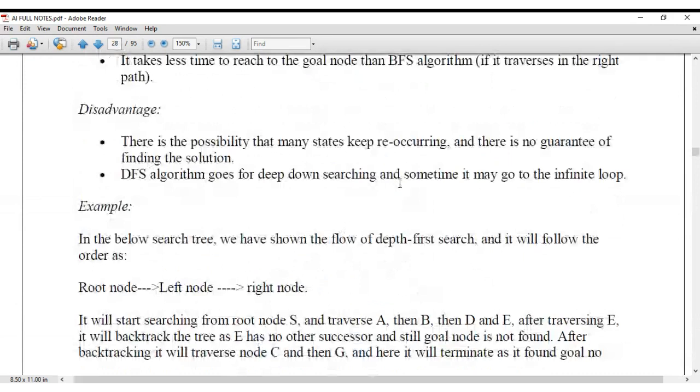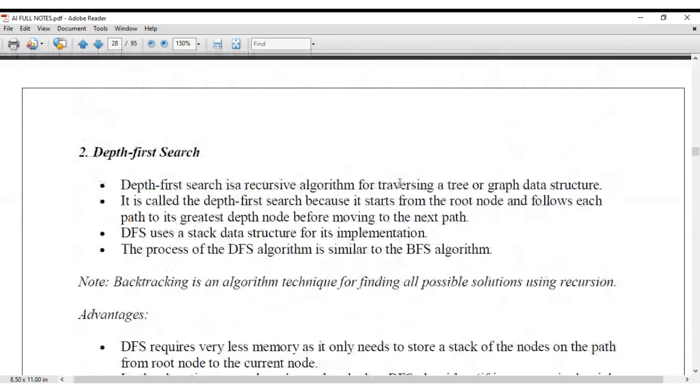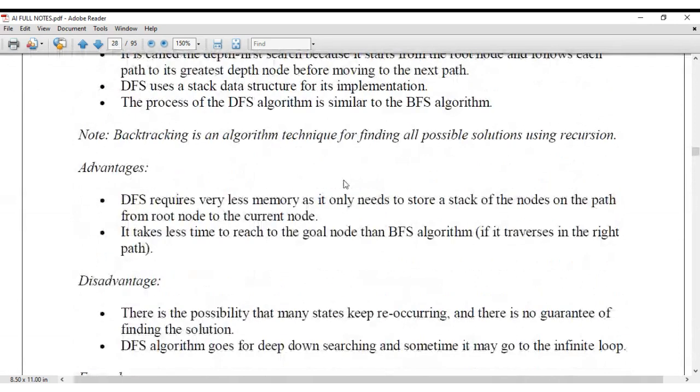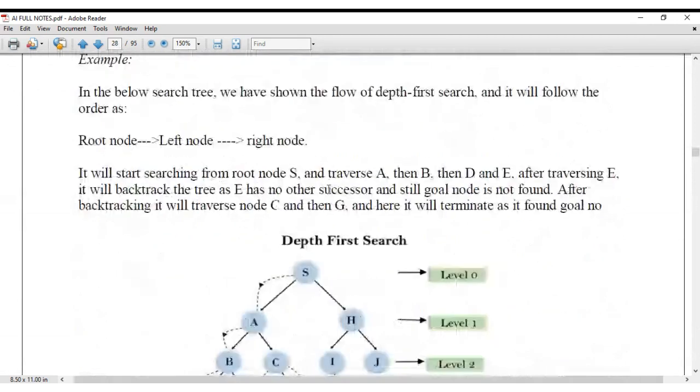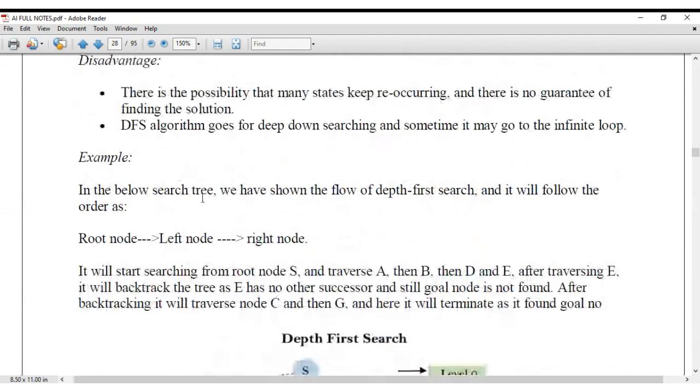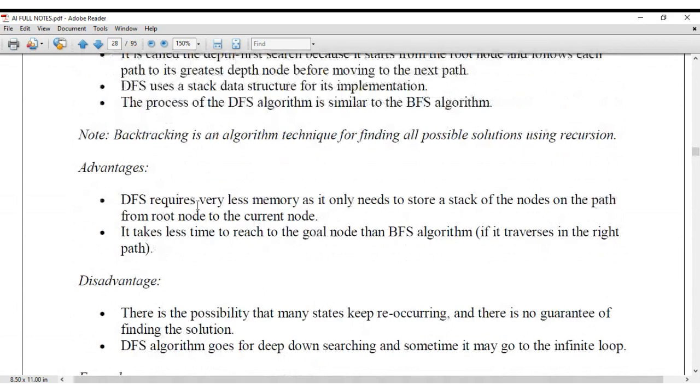The advantage is that it is not space or memory intensive. Why? Because it doesn't search through a breadth. It doesn't search through many nodes. It searches through the deepest node. So that one does not take a lot of memory. Can you see that's an advantage? It uses very little memory, and it takes less time.